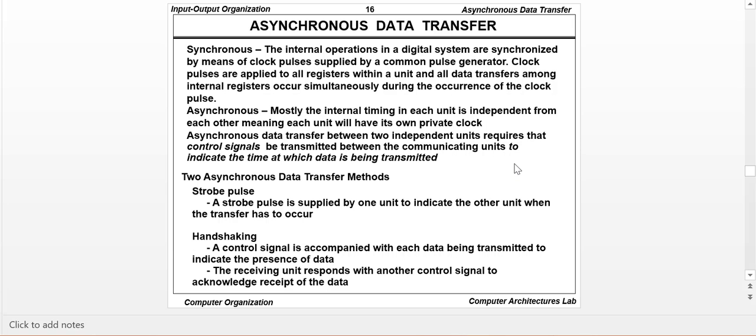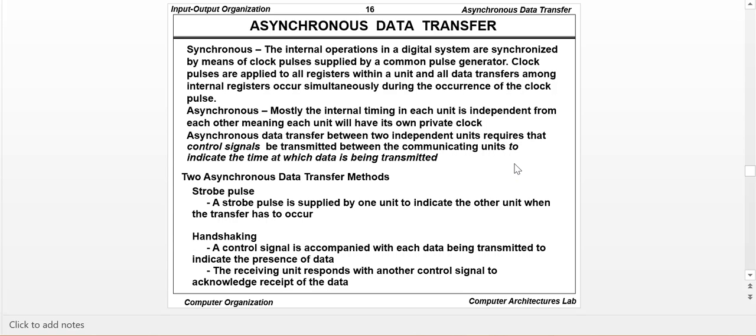When it has to happen asynchronously, along with the data, some additional control signals have to be transmitted to indicate the time at which valid data is available for transmission. There are two types of asynchronous data transfer methods: one is the strobe pulse, the other is the handshaking method.